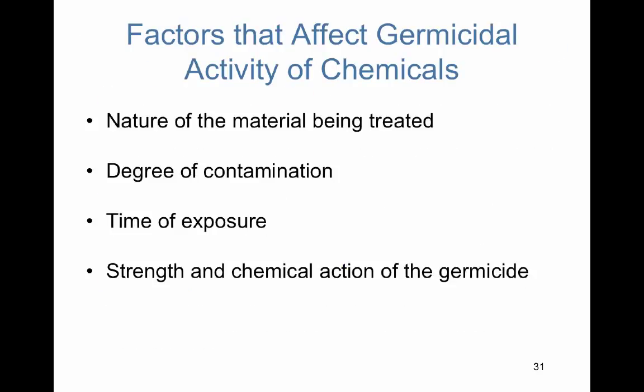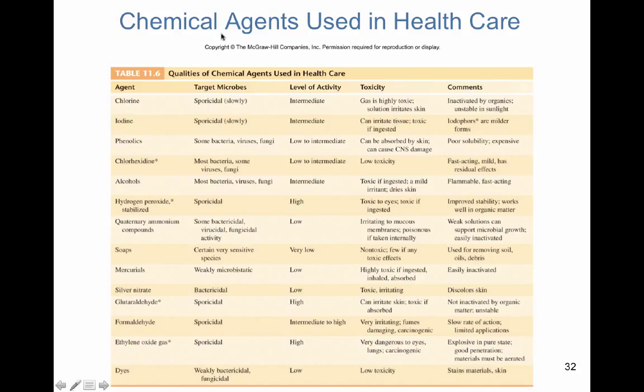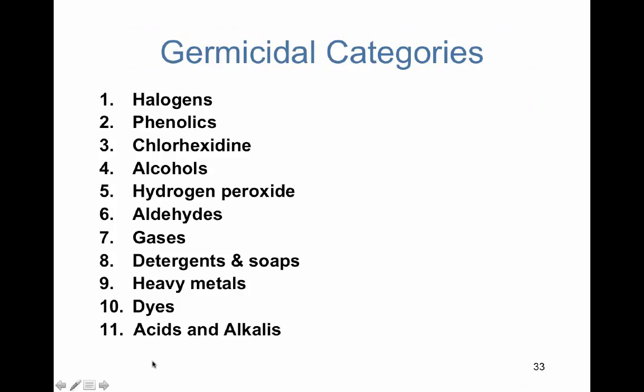So how the chemical agents will work depends on the nature of what is being treated, the degree of contamination, the time that's required, the strength and chemical action of the germicide as well. So I'm going to go over each group here. I believe there are 11 groups.